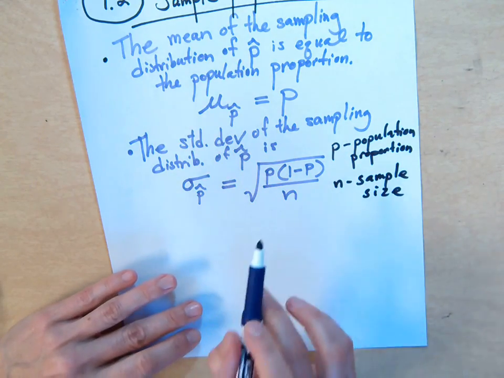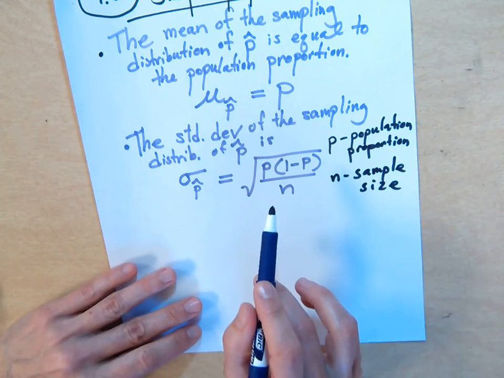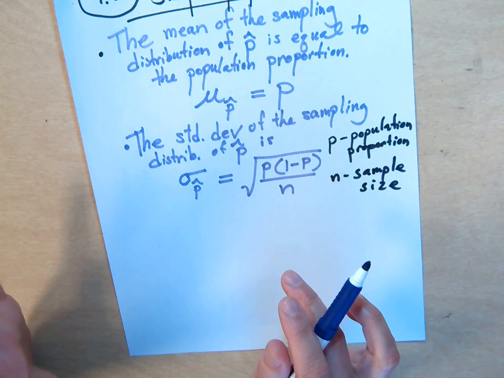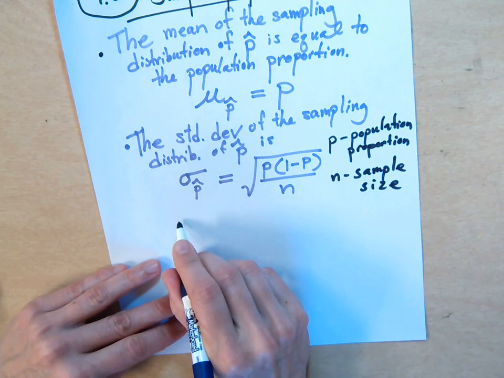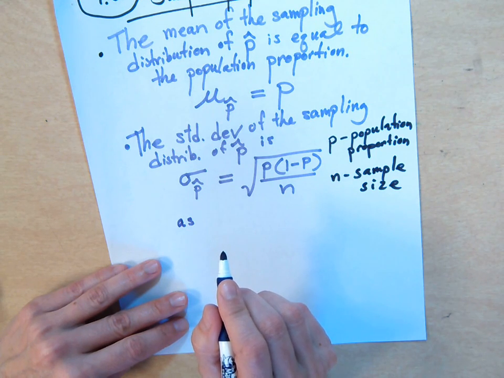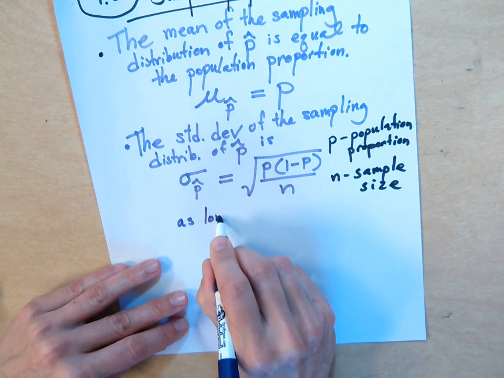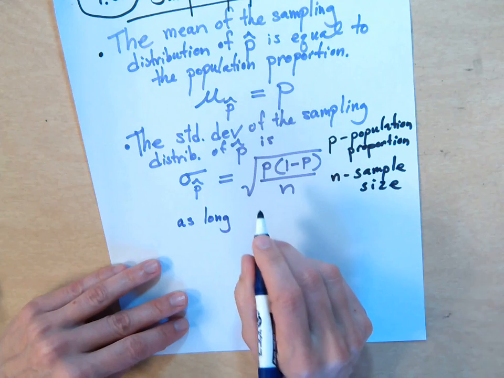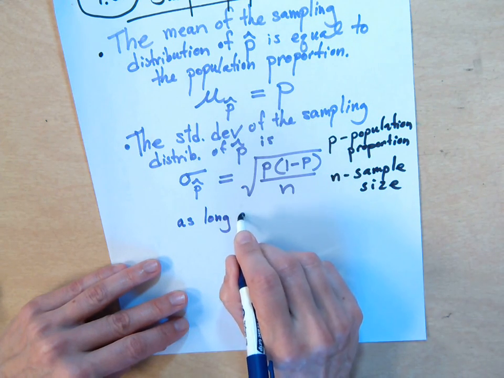But the thing is that this formula only works as long as the 10% condition is true. So in other words, as long as you don't sample larger than 10% of your population size. Otherwise this formula won't work and you have to do something else.